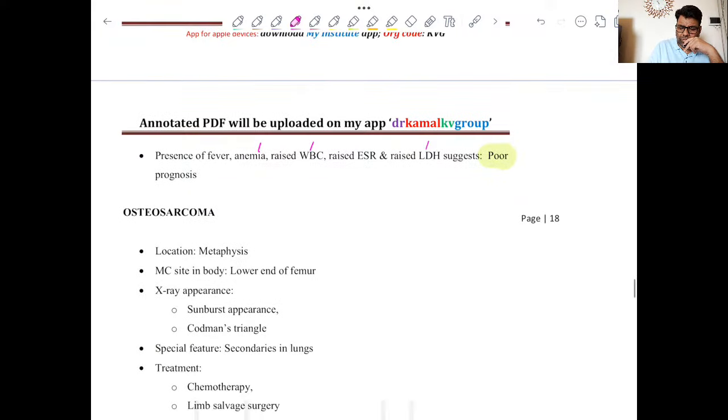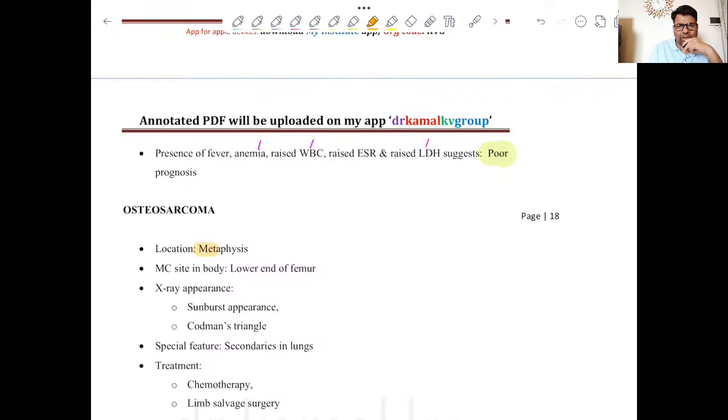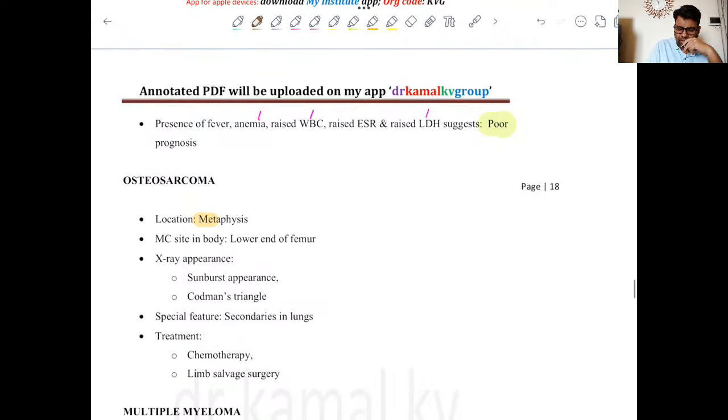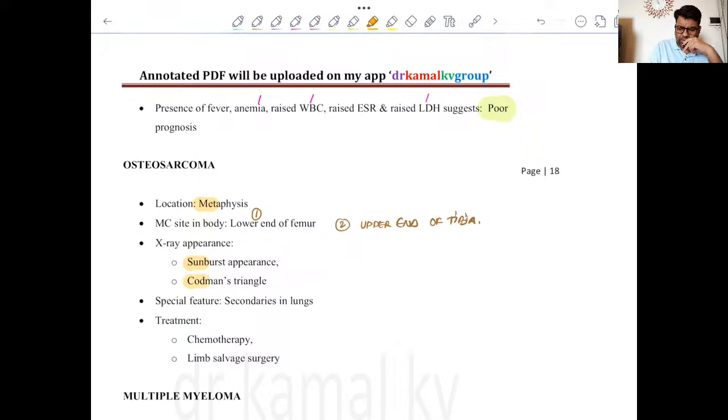Then moving forward to osteosarcoma, it is metaphyseal, and usually the tumor is around the knee joint, affecting mainly the lower end of femur or upper end of tibia. On X-ray, 2 important findings: sunburst and Codman's. As I already said, this is non-specific. Clear?